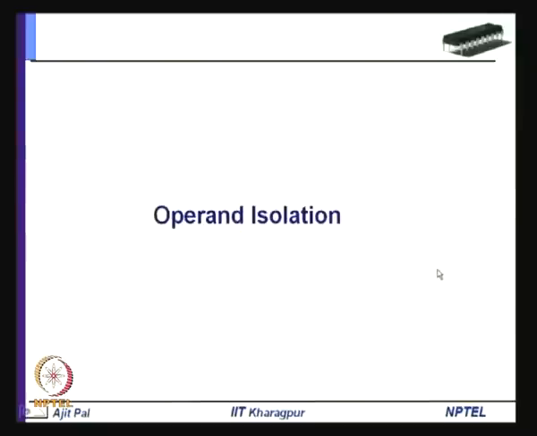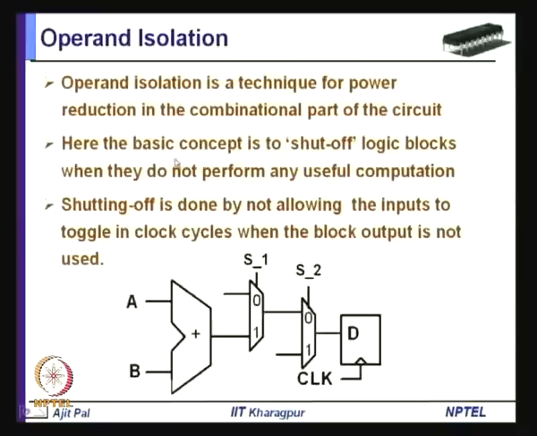Now, we shall consider another very important concept that is used to reduce switching activity, that is called operand isolation. What is operand isolation? Operand isolation is a technique for power reduction in the combinational part of the circuit.